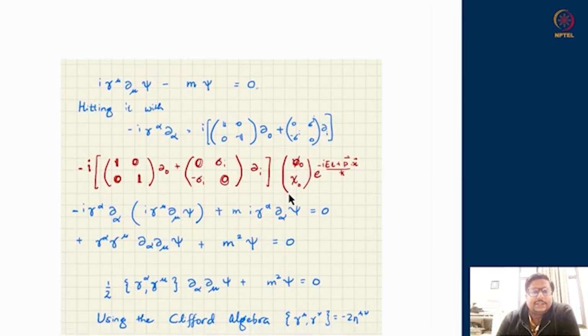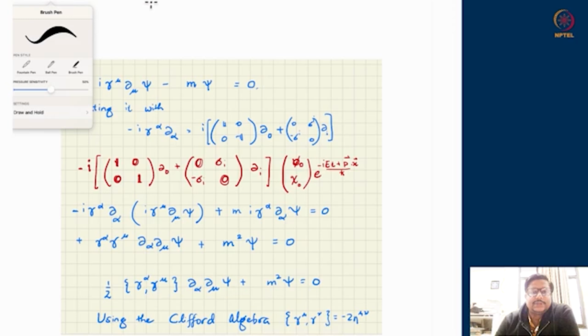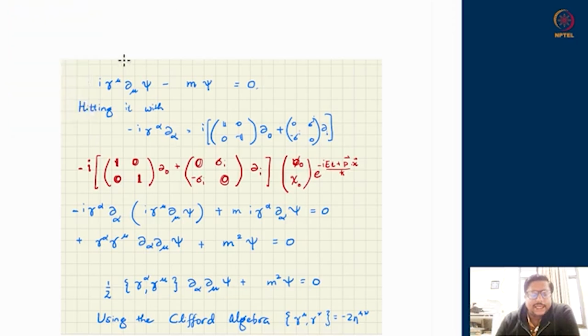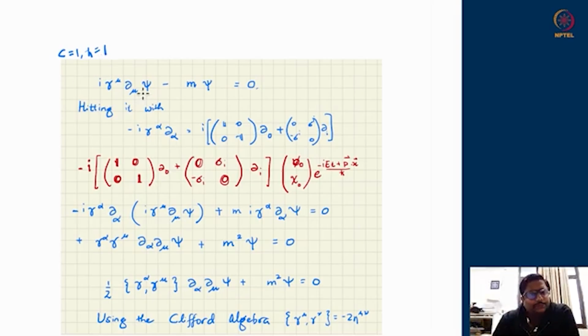So look again at the Dirac equation. The variation of the Lagrangian with respect to psi dagger or psi bar is going to give me this Dirac equation. From here on I am putting c equal to 1 and h bar equal to 1, because I would otherwise have to maintain the c and h bar at so many places. These are the natural units in which things are written.